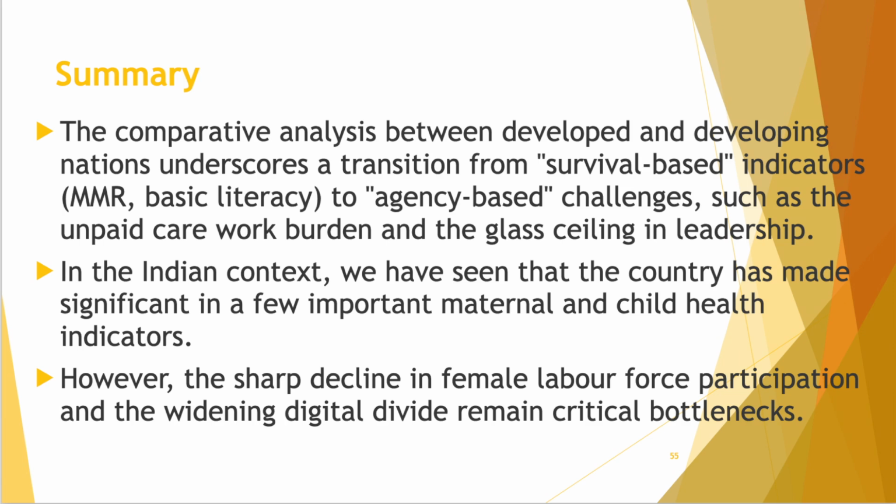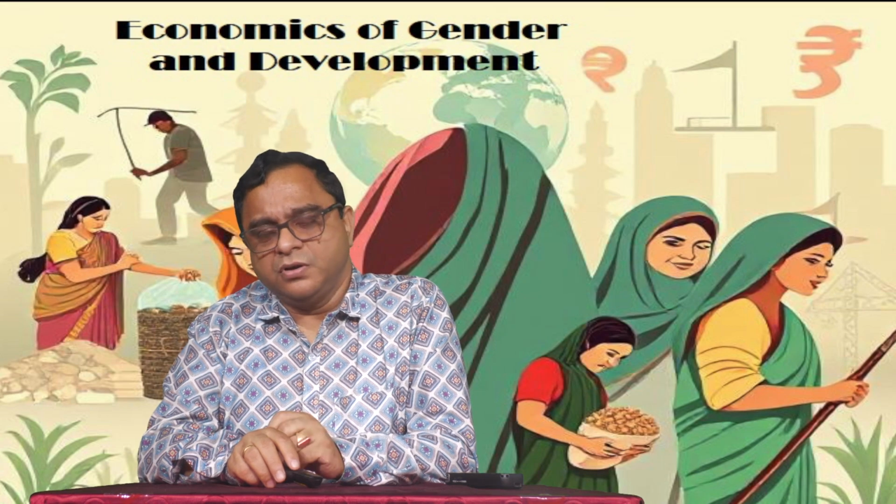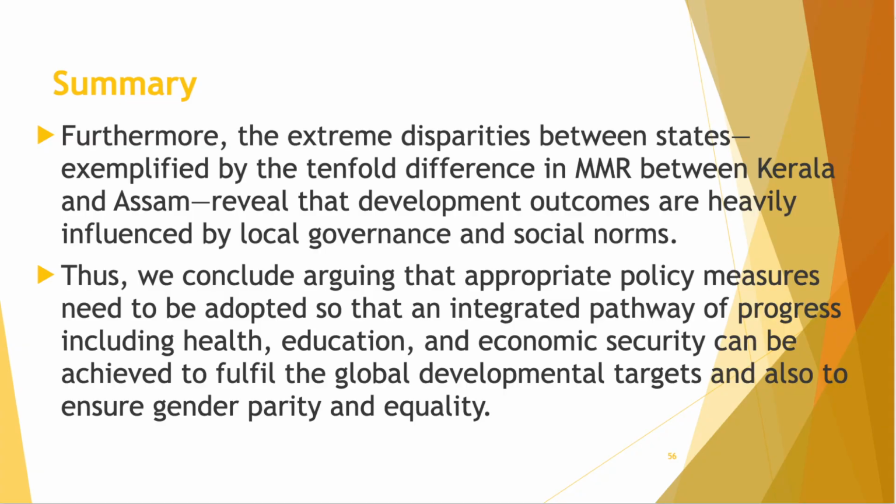However, the sharp decline in female labor force participation and a widening digital divide remain critical bottlenecks. Furthermore, the extreme disparities between states, exemplified by the tenfold difference in MMR between Kerala and Assam, reveal that development outcomes are heavily influenced by local governance and social norms.